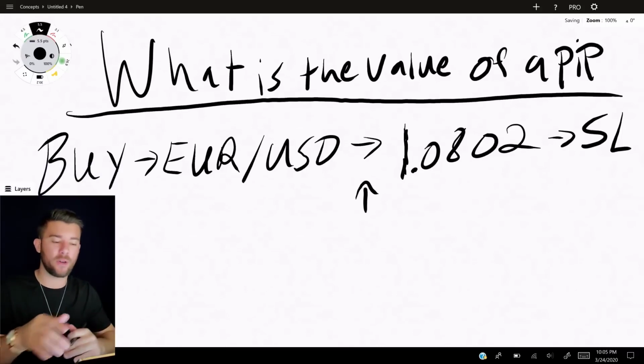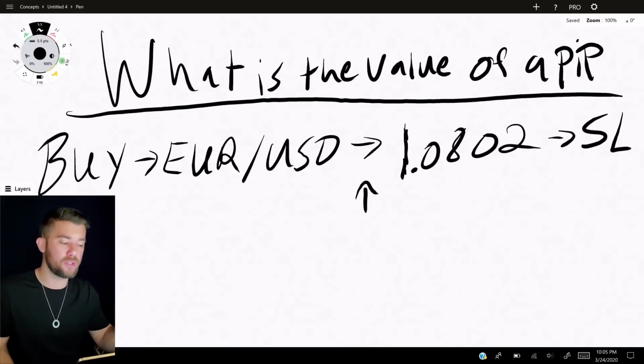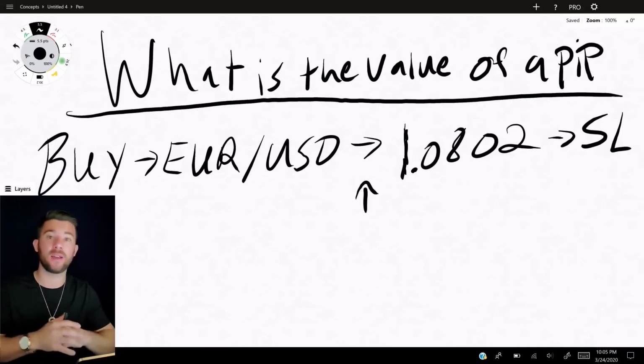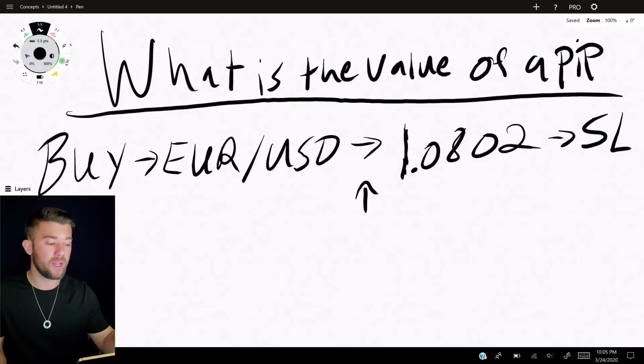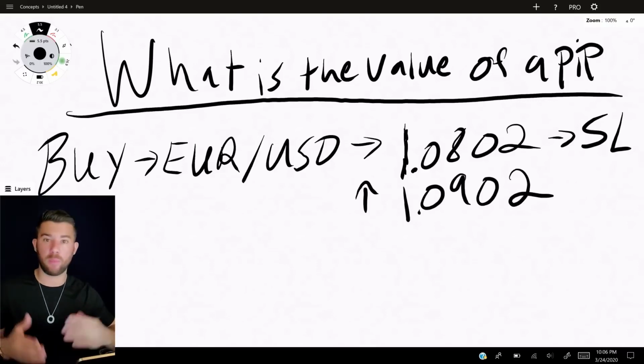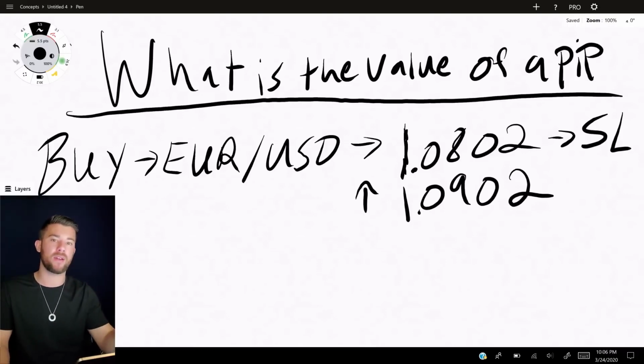All right, so let's move into this on the euro dollar trade here. If we have the euro dollar at 1.0802, we trade one standard lot, 100,000 units of this currency, at 1.0802, and this market moves to 1.0902. Going up, we wanted the market to go up, and we take profit at 1.0902.